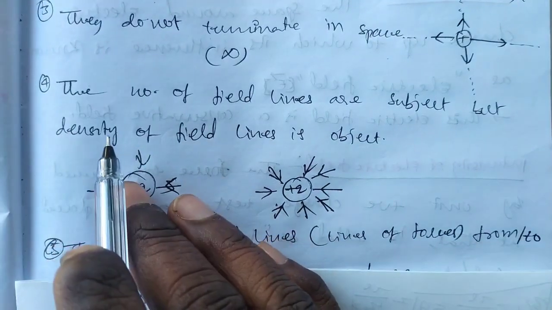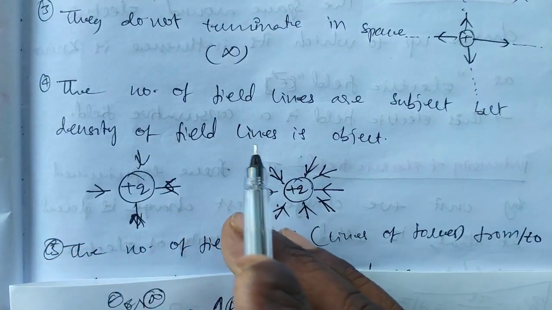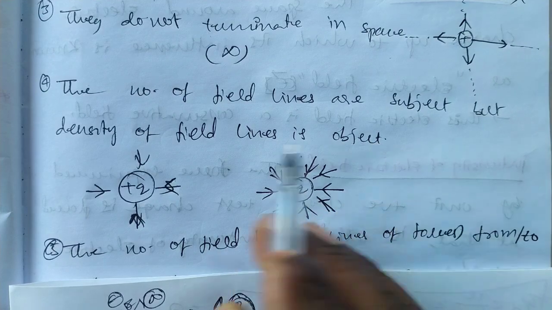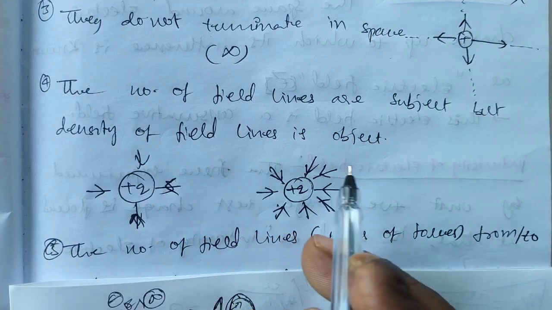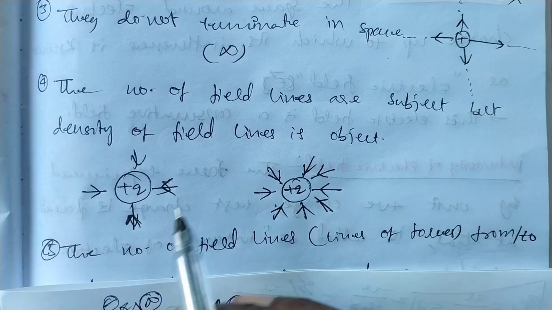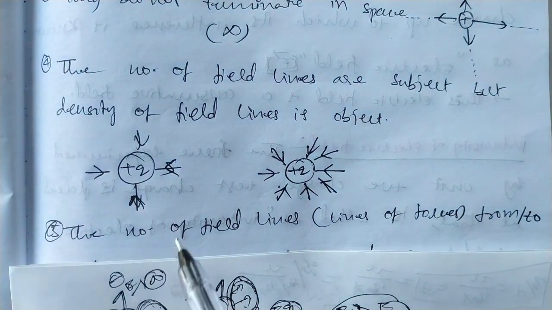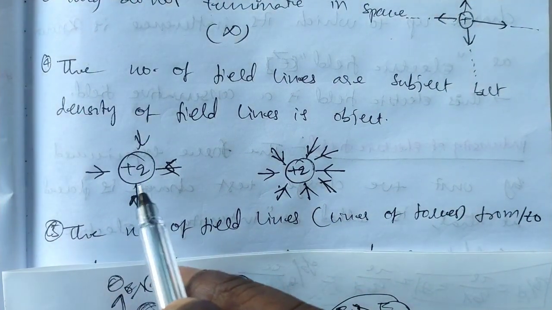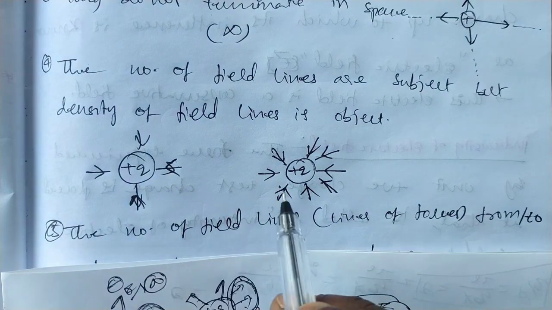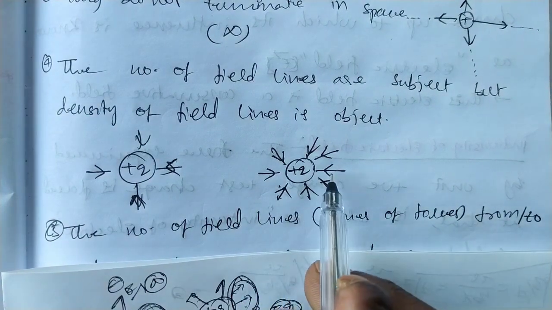Also, the number of lines of force is the subject here, and the density of the electric field lines is the object. Here, one charge has 4 lines, and here 1 2 3 4 5 6 7 8.